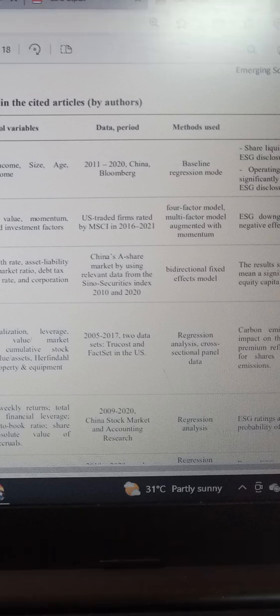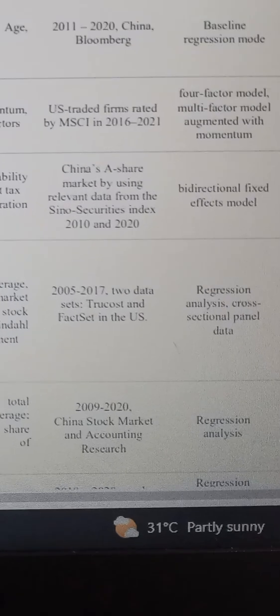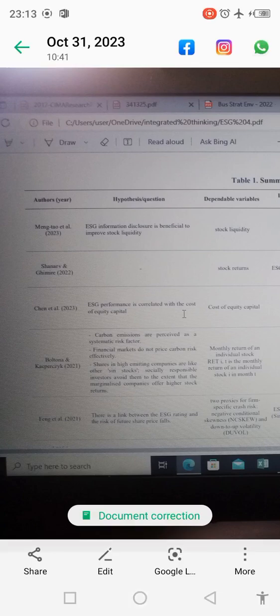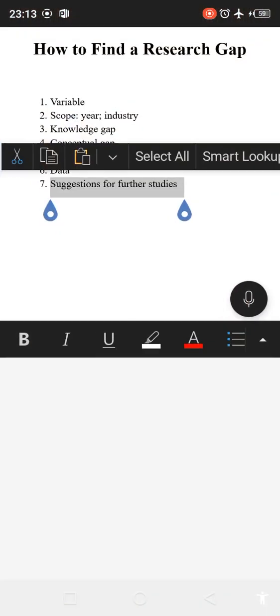For the last one, China Stock Market and Accounting Research, that was where they got their data from. So their secondary data are already existing. All you need to do is just harvest them, pick them out from a particular database. These kinds of studies are often empirical studies because the method by which you can analyze those data in order to capture the research question is only through empirical means.